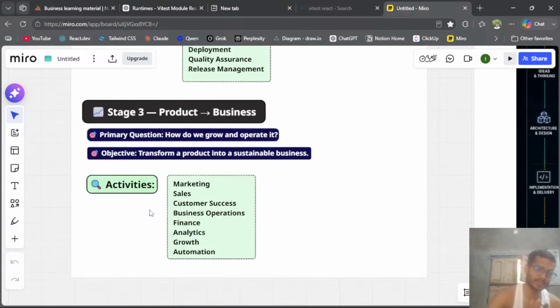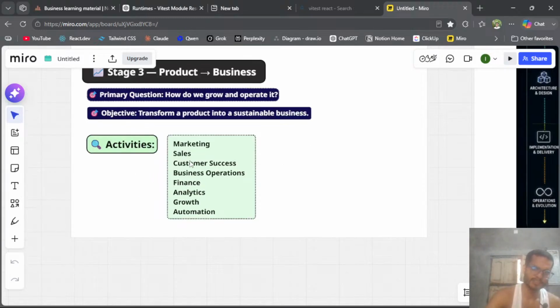And stage three, product to business. The primary question always is how do you grow and operate it? The objective is to transform a product into a sustainable business. Activities: marketing, sales, customer success, business operation, finance, growth, automation, like that.